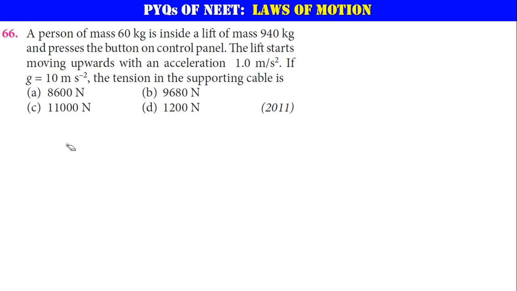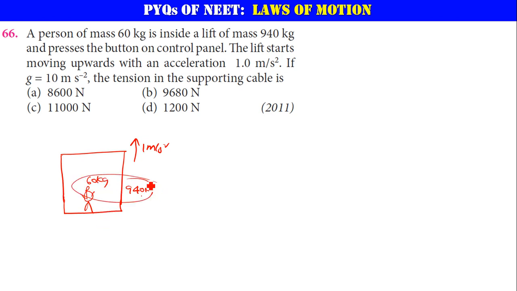We will see that kind of problems in the upcoming problems. Just hold on. For example, let us say there is a lift. Now the lift is going up with an acceleration of 1 meter per second square, and the mass of the lift is 940 kg, and there is a person whose mass is 60 kg. Together it is 940 plus 60, that is 1000 kg.